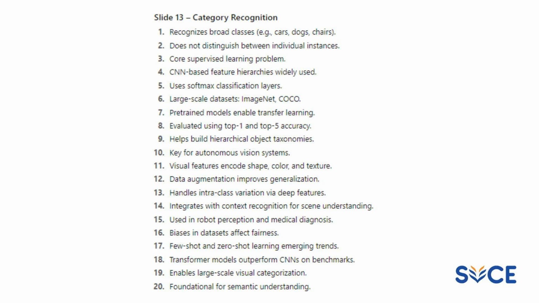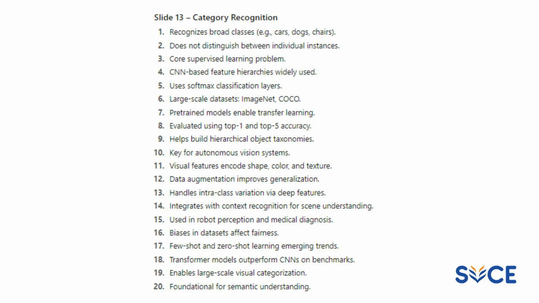There are still some challenges we face in category recognition. First, intra-class variation: the same category appears differently, for example different dog breeds. Second, inter-class similarity: different categories look similar, for example wolf versus husky.